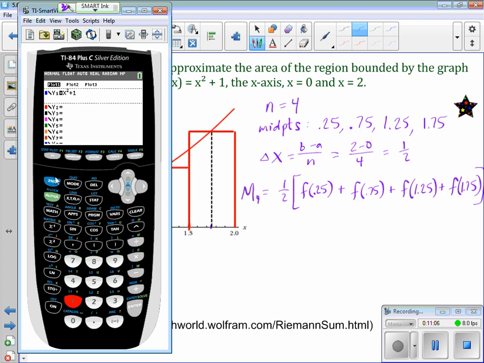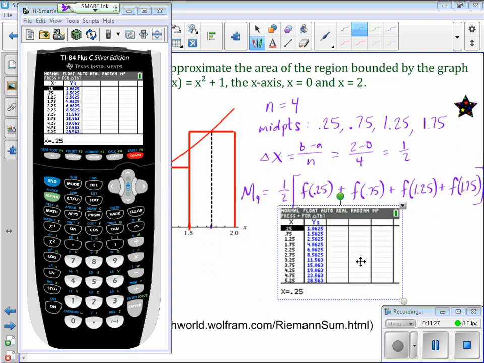Now if I go to my table, what's the first value I care about? So go to your second table set and go to 0.25. And what are my increments that I'm going up by for the values that matter? 0.5, right? If not, you'll just have to search for them, but it just seems silly to search for them when you can just pick out the ones that you want here.